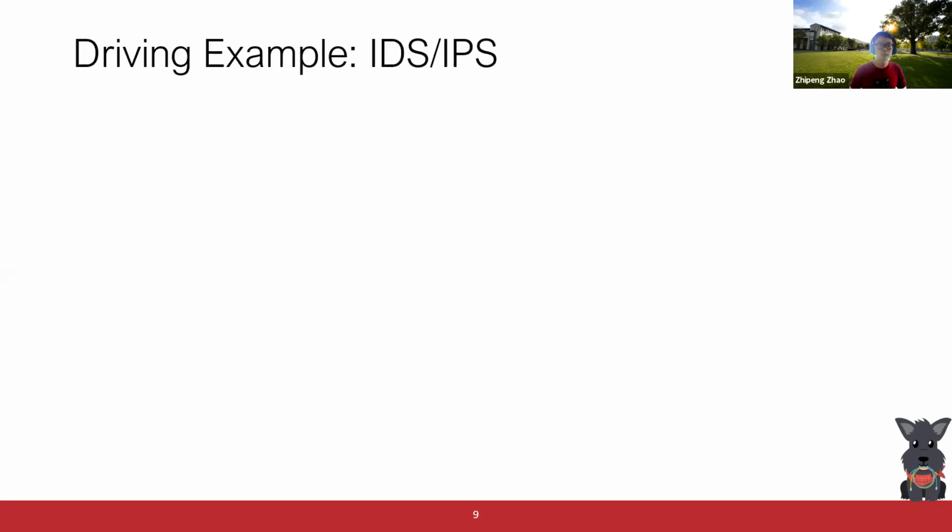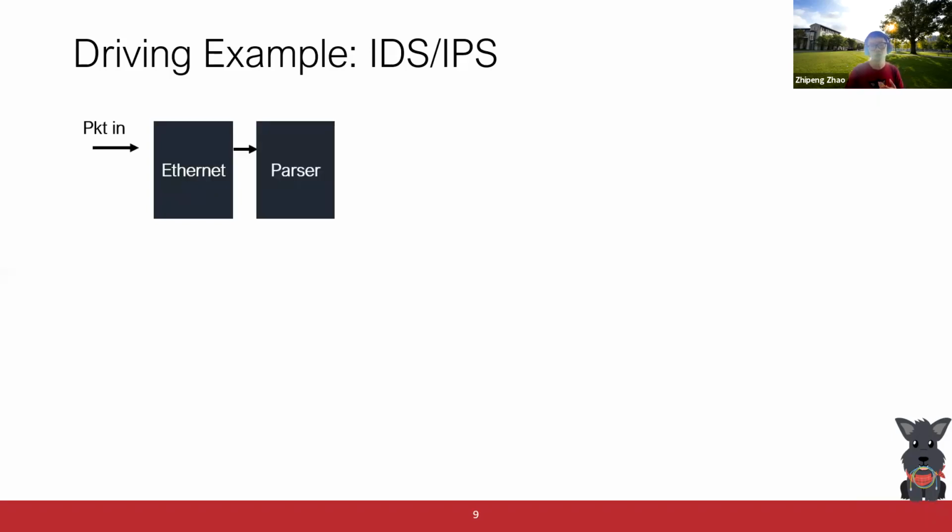Before I talk about our idea, let me give you a little bit more context of how IDS and IPS work. The packet comes into the system, and first of all, it will be parsed to extract the metadata information, such as the IP address, the port number, and the packet size.